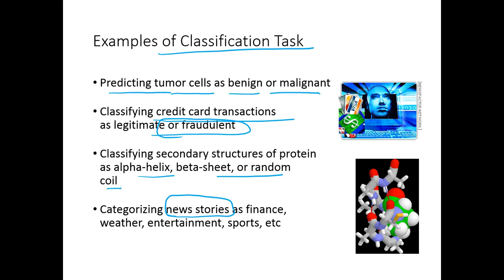Google does news story categorization as finance, weather, entertainment, sports, etc. Google uses data from different news sites and categorizes them into finance, sports, entertainment, and so on. The famous use of decision tree algorithm is classifying your emails into spam and inbox email, right? Your spam email goes to the spam folder, and the normal or useful emails go to the inbox, right?